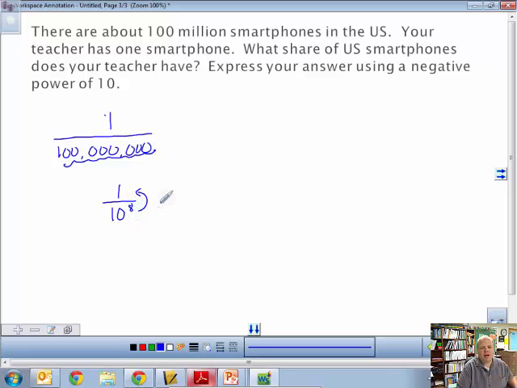Okay, when I bring it on up, it becomes a negative, so my answer is 10 to the negative 8th. So what share of cell phones do I have? I have 10 to the negative 8th, which would be 1 out of 100 million. Right? This is all your lesson is. It's this simple. It truly, truly is for today. It'll be nice and easy to get this done.